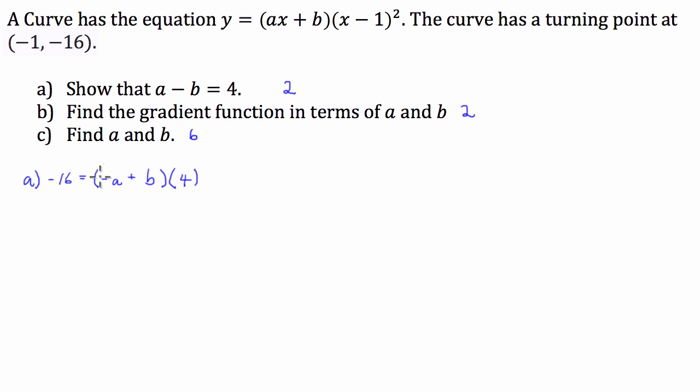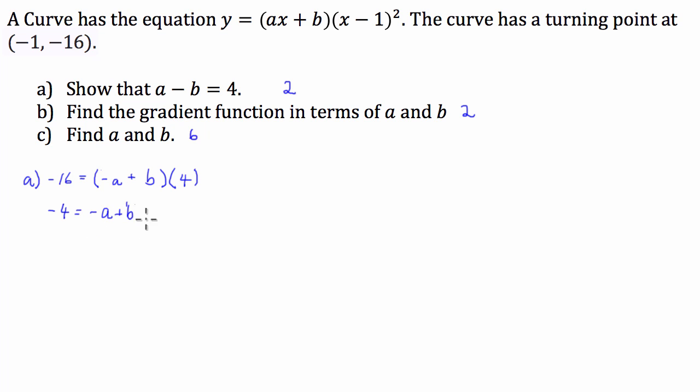Now what we do is we just go about using algebra to make it look like the one we have in part A. So we take the 4 across to the other side and we get -16 divided by 4 is -4, is equal to -a plus b.